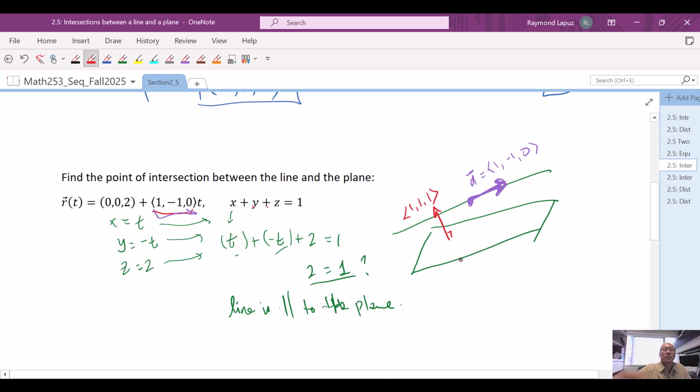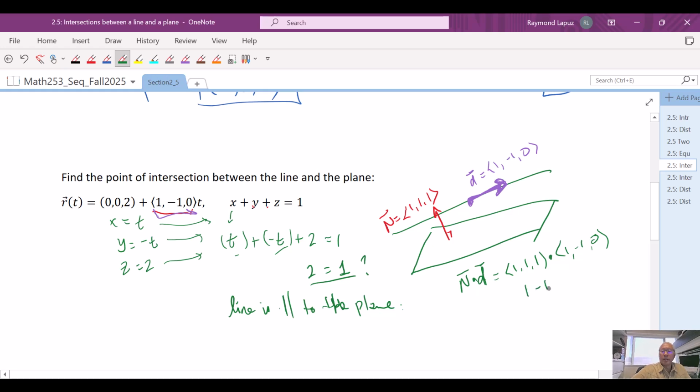And if we dot those two, so let's call this n, so if we dot n and d, we will get 1, 1, 1 dotted with 1, negative 1, 0.